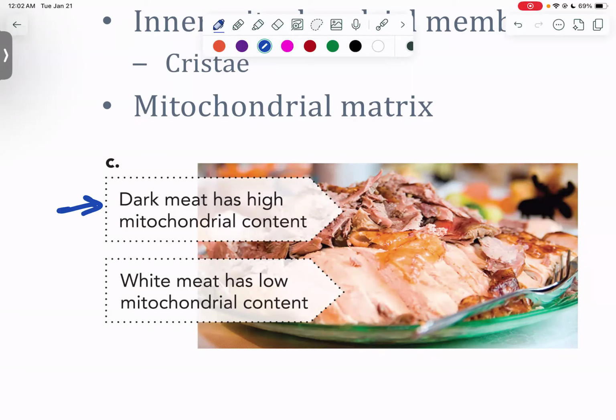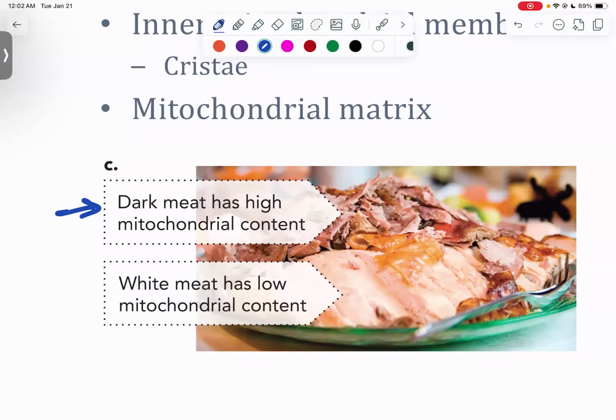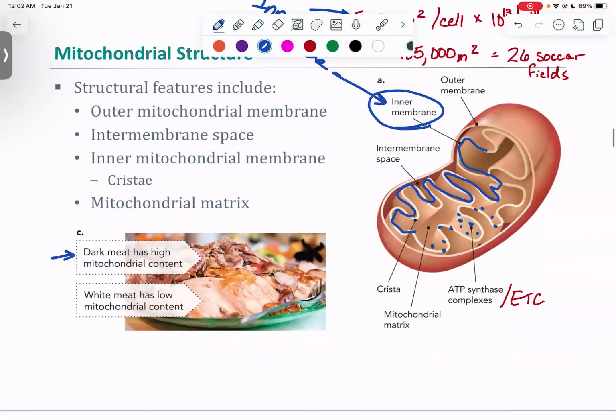And so the dark meat is dark because you have lots of myoglobin there. But to support that, you also need to have a ton of mitochondria. And so you can always order, instead of dark meat, order the one with more mitochondria.